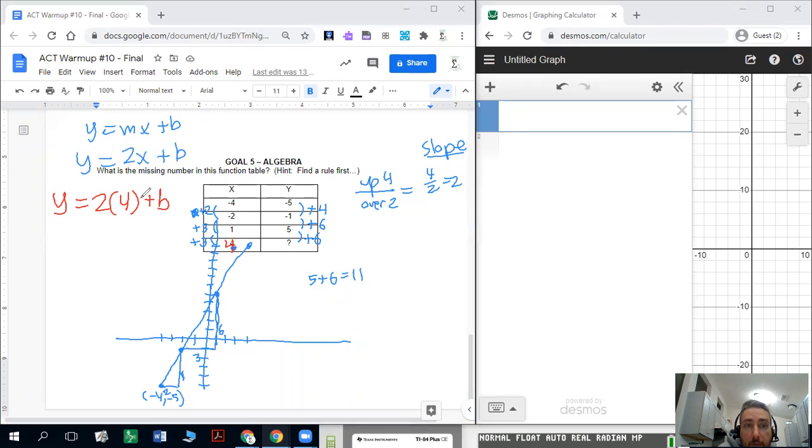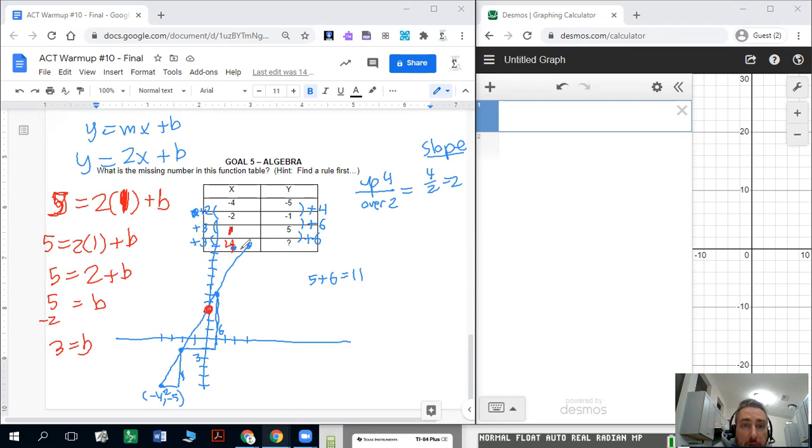And then, well, that's a bad idea because I don't have b. So if I plug in 1, then my output should be 5, right? So 5 equals 2 times 1 plus b. So this is going to be 5 equals 2 plus b. 5 minus 2 equals b. 3 equals b. So it should cross at 3, which it looks like it does. So that's going to be your y-intercept.